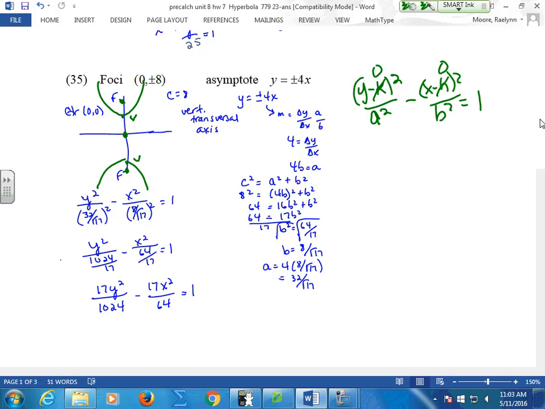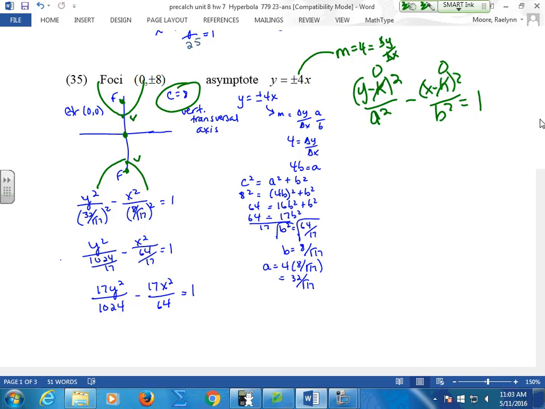Okay. What does the foci give me? What letter? C. So I know c is 8. Now, I'm given an asymptote, and I know this is my slope. Okay. So here's my problem.